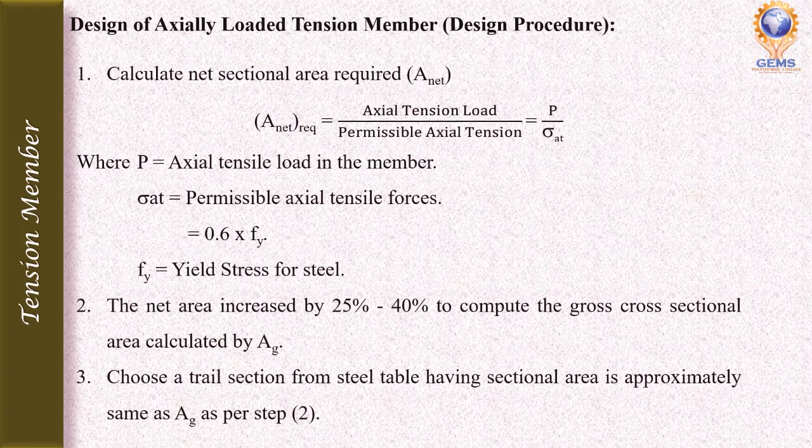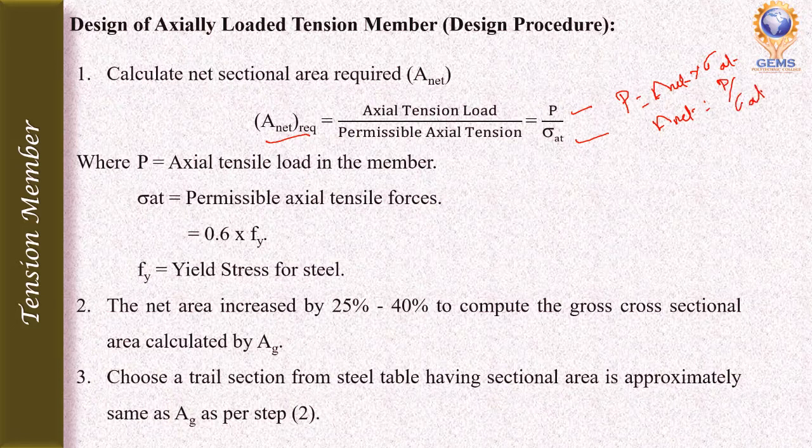So next is the design of an axially loaded tension member. What is the design procedure? How do we calculate it? First, we have to calculate the net sectional area required. From the tensile axial load given in the question and the permissible axial tension stress, we will find the net sectional area required: P is equal to A net into sigma at. So the area of net required is equal to P by sigma at.